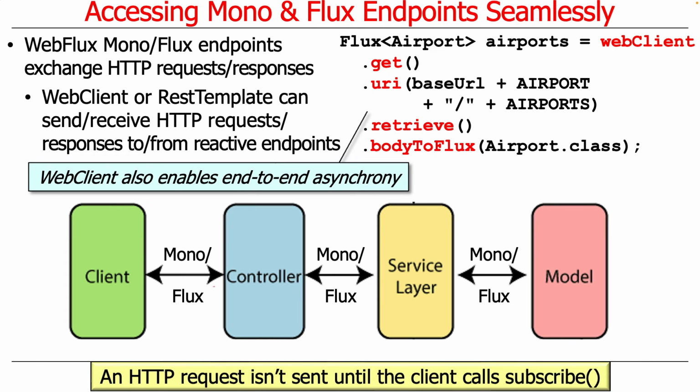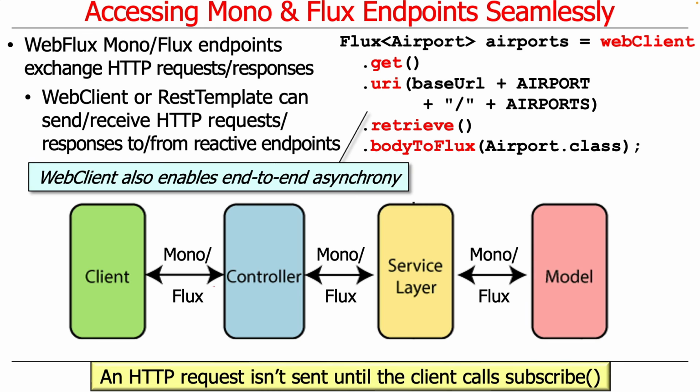And what's even cooler here is this can work to give you end-to-end asynchrony. This is particularly true if you have a client that supports asynchrony. If you are using Android, it doesn't quite work, but if you're using other clients that are not Android clients that support Spring, you can make it work. So you can have asynchronous communications from the caller to the controller, from the controller to the service layer, from the service layer into the model, which would be the database, the reactive database.